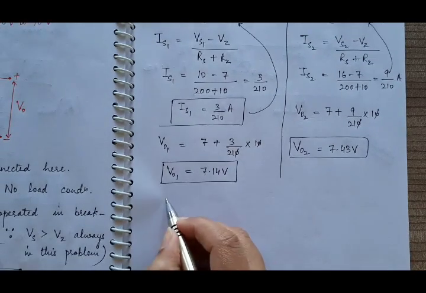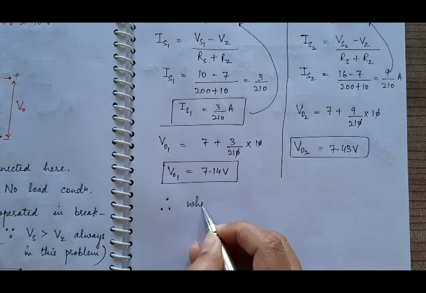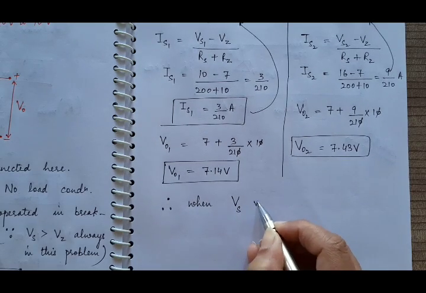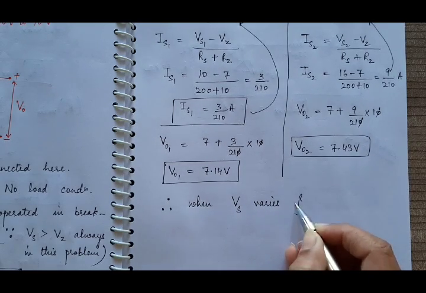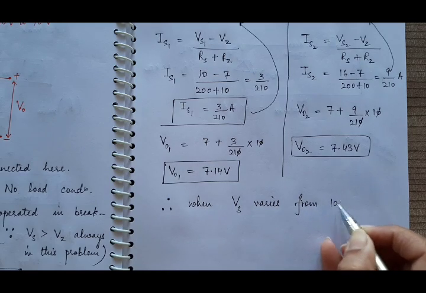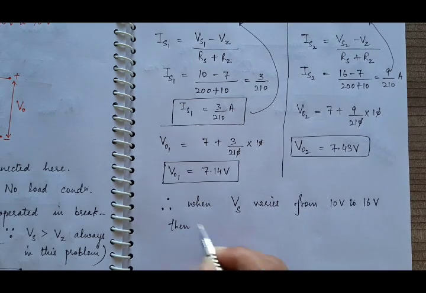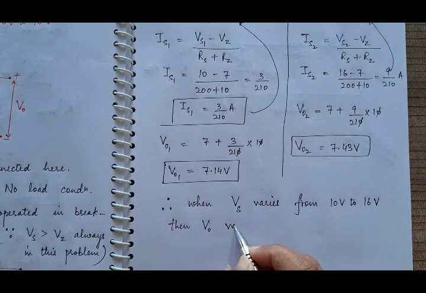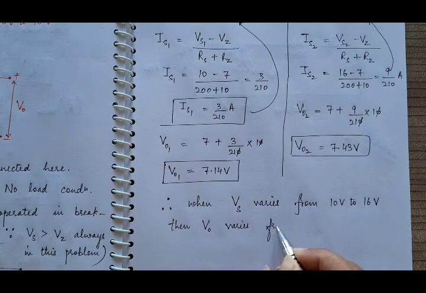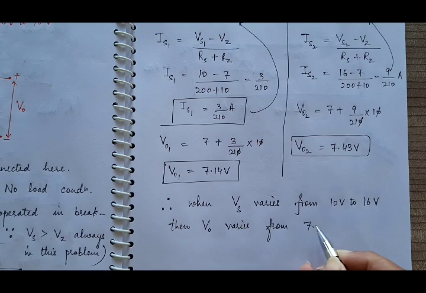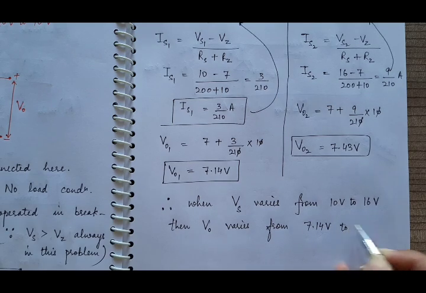Therefore, when Vs varies from 10 volts to 16 volts, then output voltage V0 varies from 7.14 volts to 7.43 volts.